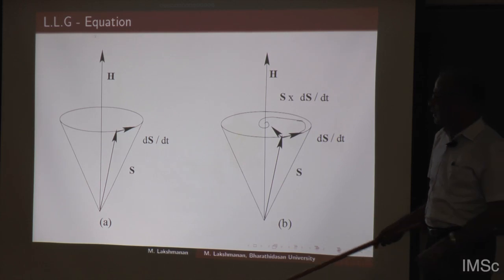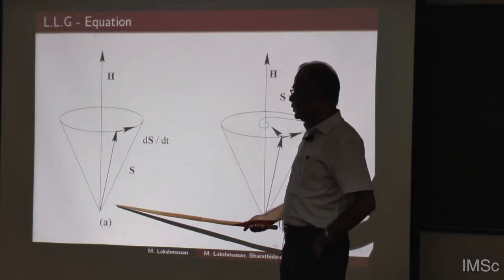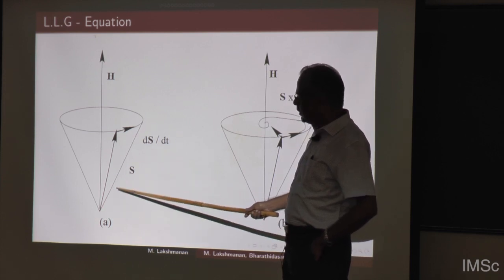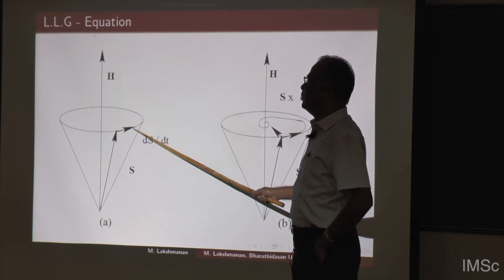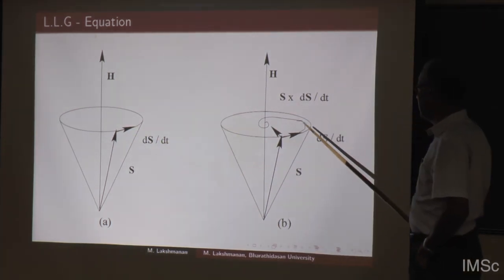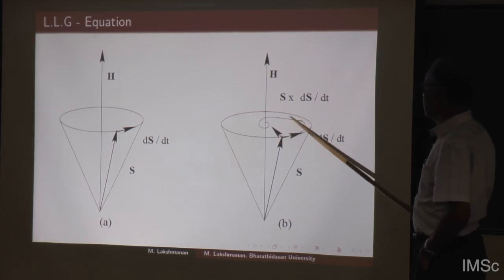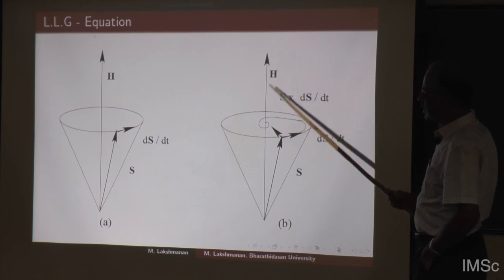When the damping is absent, dS/dt and S are perpendicular to each other. And when you apply a damping, then you find that the effective field approaches the magnetic field.